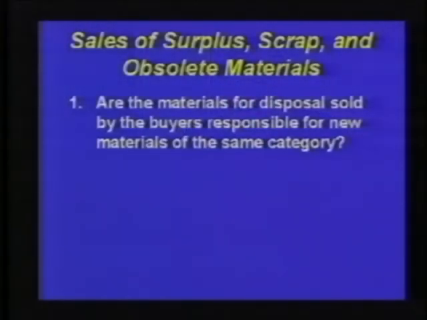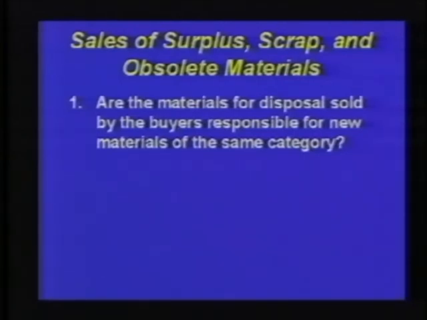Number 1 are the materials for disposal sold by the buyers responsible for new materials of the same category. In other words, if you have 2 or more personnel in purchasing, do they know the disposition of that particular material that is being disposed of?